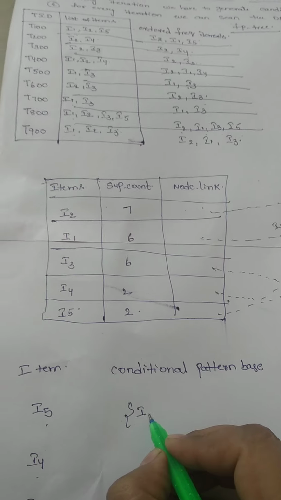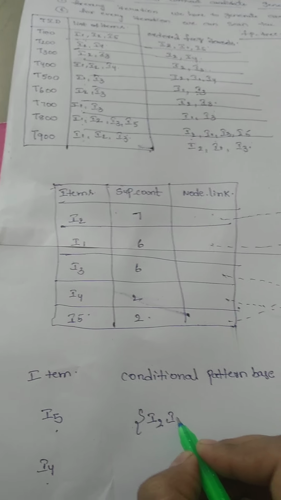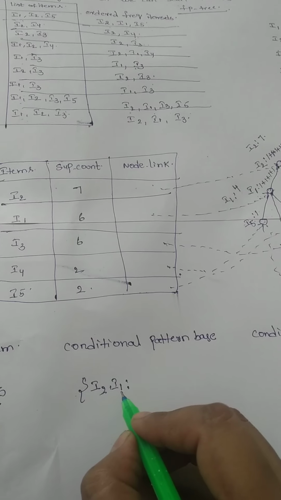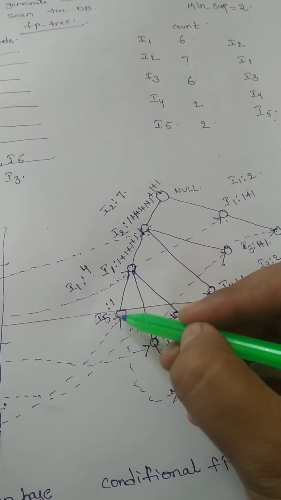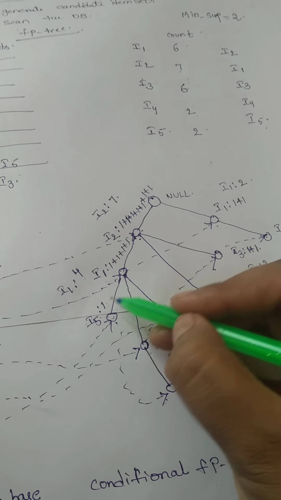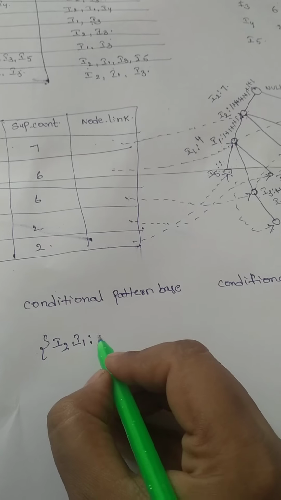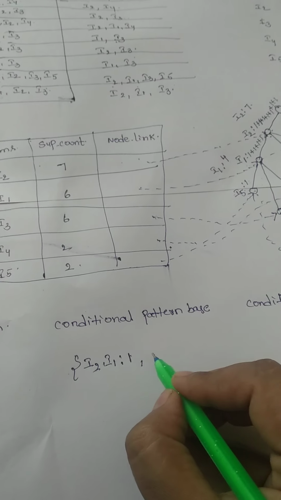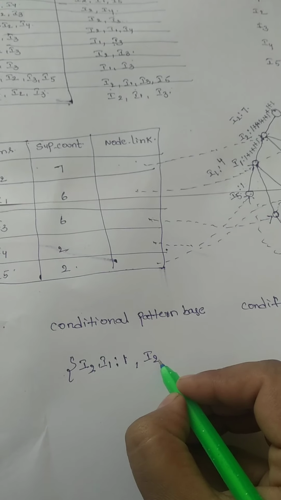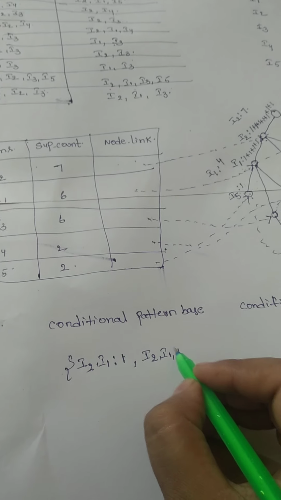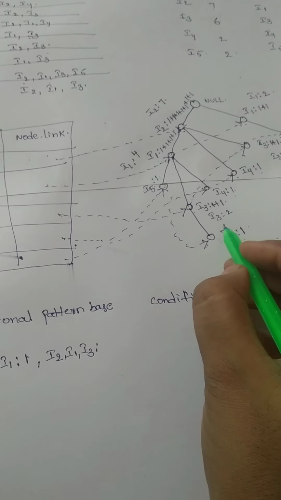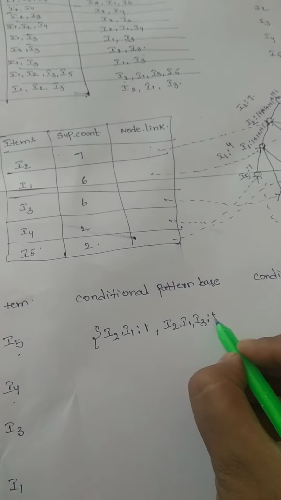First one is I2, I1. Here what is the count of I5? 1. So here we have to represent 1. Next another one is I2, I1, I3. Here also the count of I5 is 1.